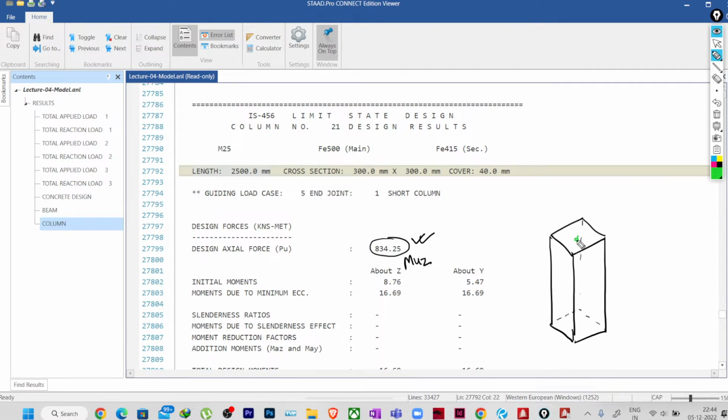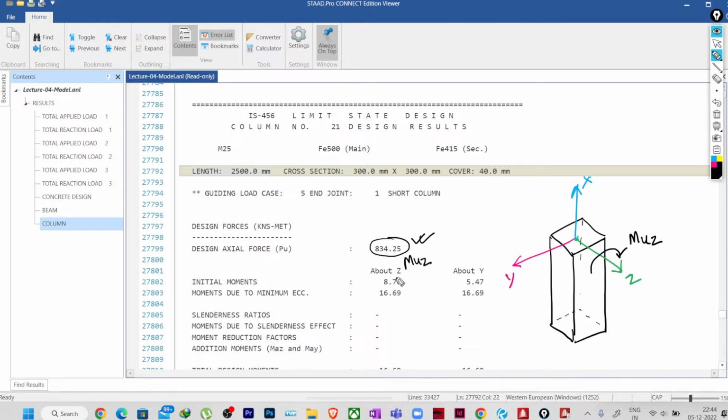So if I just draw the axis, it will be something like this. Suppose Z, and suppose this is my Y axis. So these are the local axis actually. Okay, these are the local axis that I am drawing. This is my X axis. So now here it is giving that about Z axis, about this axis. So this is my MUZ.